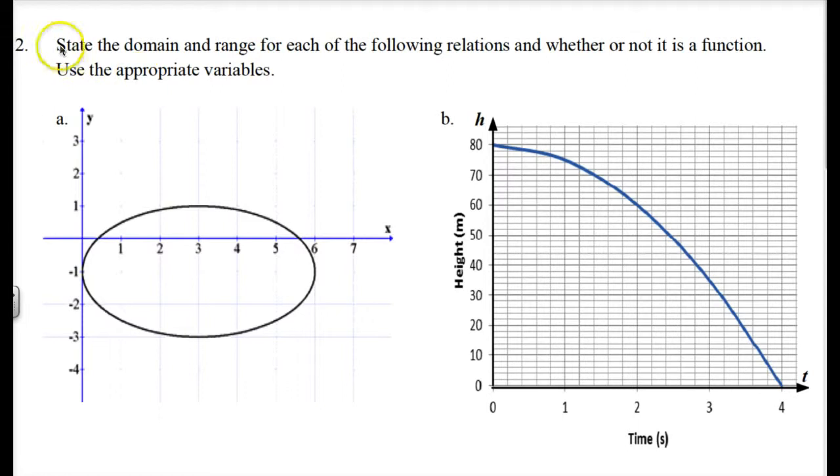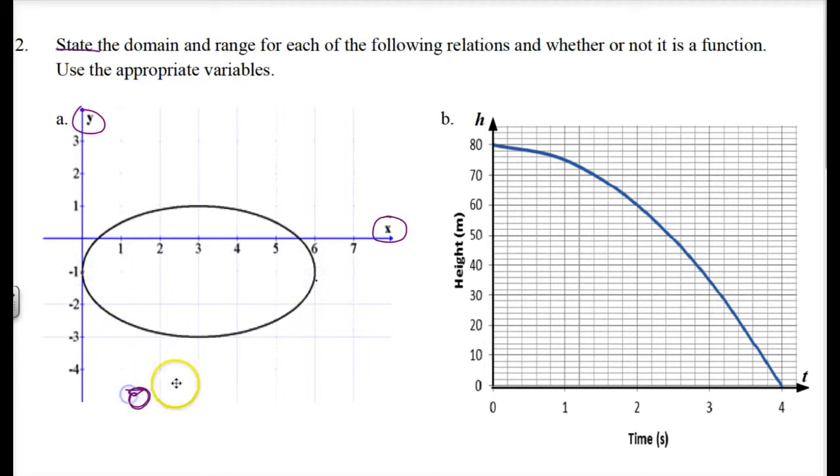State the domain and range. Remember, we can't really determine these things, so we're stating the domain and range for each of the following relations and whether or not it is a function. Use the appropriate variables. So in this case, the variables are x and y. Our x values go from 0 to 6.